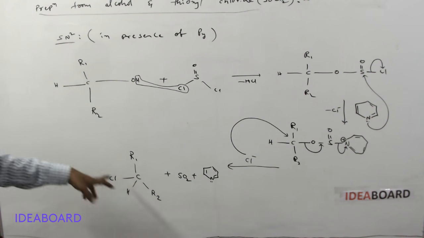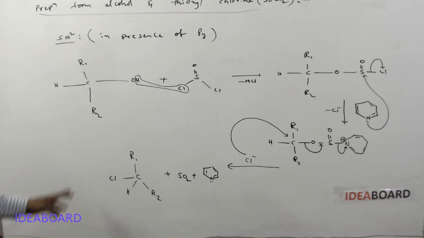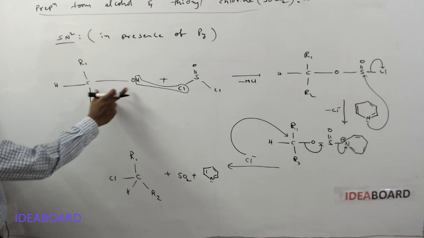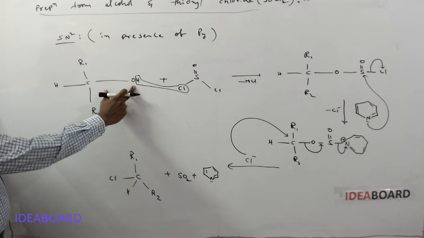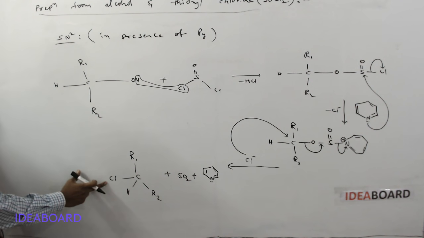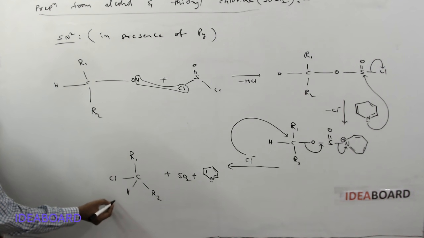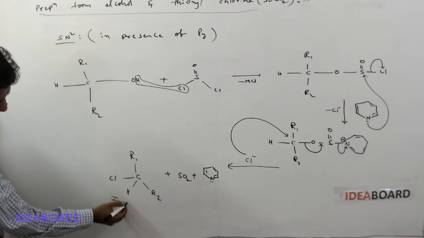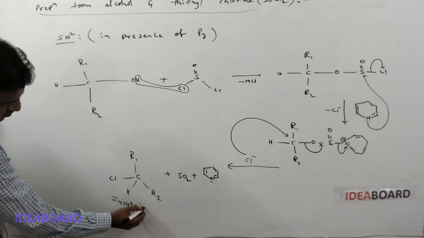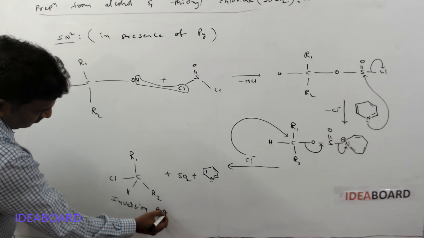This is the SN2 mechanism. In the SN2 mechanism, the reactant's OH group or nucleophile is on the right side, but the product's Cl group is on the left side. So this is called an inversion product, and an inversion product is formed.